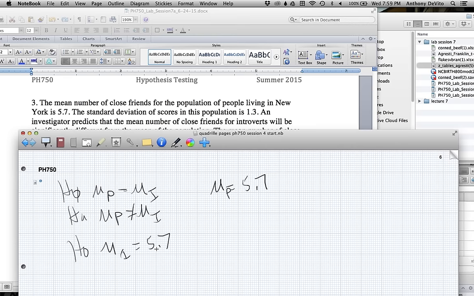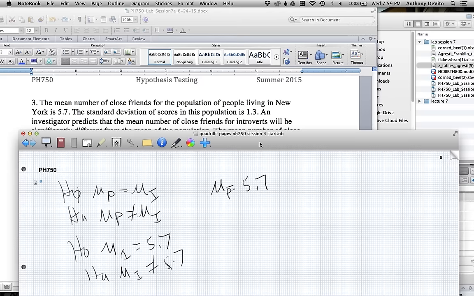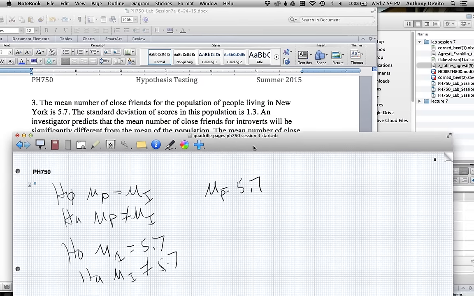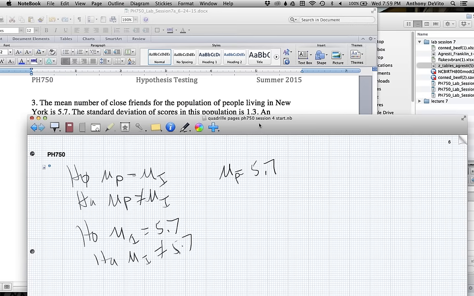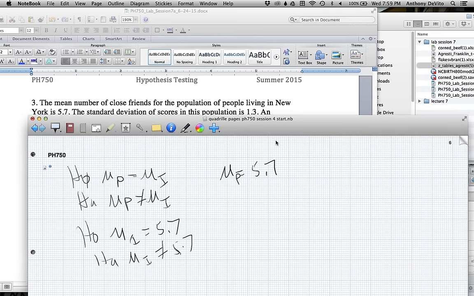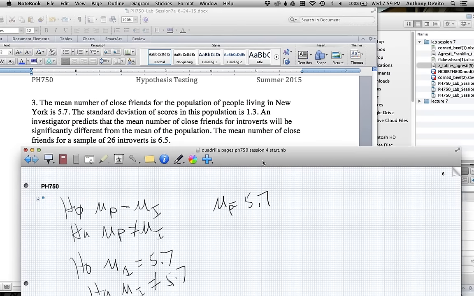I just substituted the value I know for mu p, and my alternative would be mu for introverts does not equal 5.7. I'm saying exactly the same thing there, just substituting the number that I already know. Remember, this is a one-sample test, so one of these two sides I know already. When we get into Monday, we're going to get into situations where we're guessing at the real mean for both.